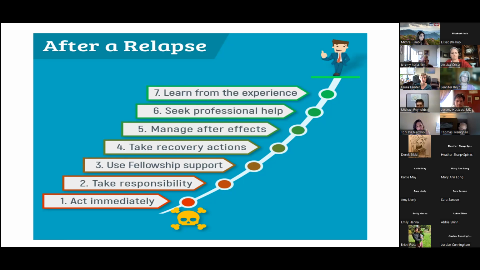Even though the relapse didn't last very long, there can be tremendously significant fallout, and managing those effects can take many months because the effects were significant. So the timeline varies. Seeking professional help, or returning to professional help if people have gotten away from that, can be part of the steps, and then ultimately learning from the experience.